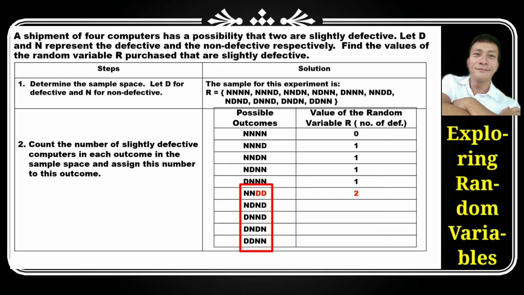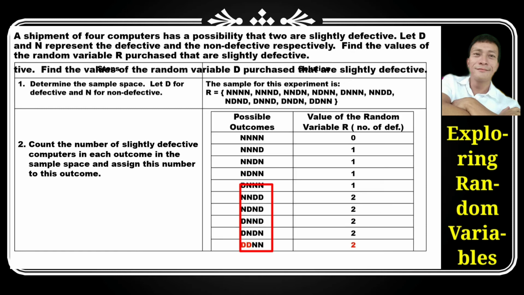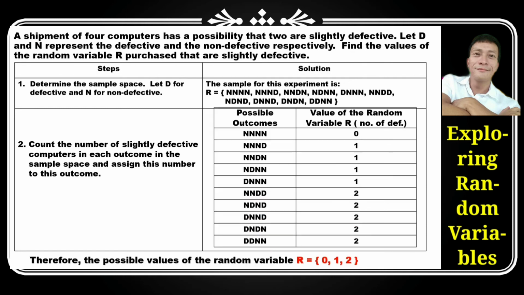On the 6th, 7th, 8th, 9th, and 10th outcomes, we have 2 defective computers found on the different orders of the 4 computers. After counting all the possible slightly defective computers in all the outcomes, we can say that the possible values of the random variable R equal 0, 1, and 2.